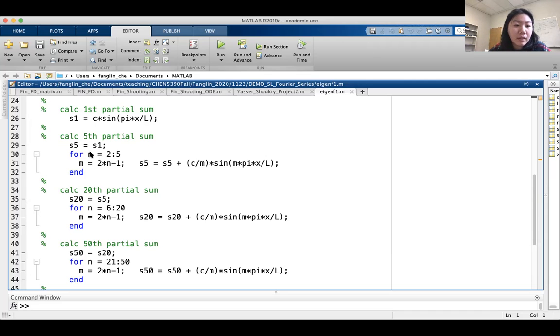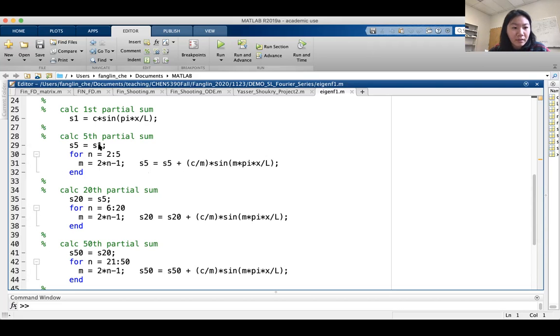So when the sum includes 5 terms, you involve 5 different values of n. The m is represented by the odd number, so it's 2n minus 1. The sum 5 is updated whenever you run one loop, and that is basically the sum of the Fourier series, which is 4 over n pi times sine(n pi x over L).